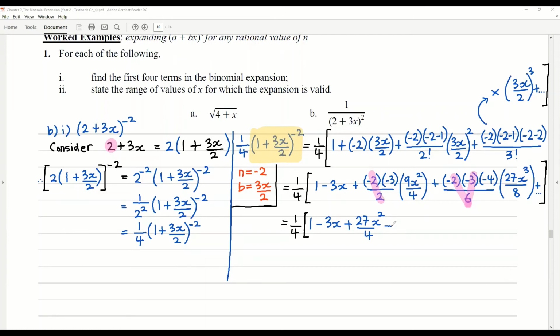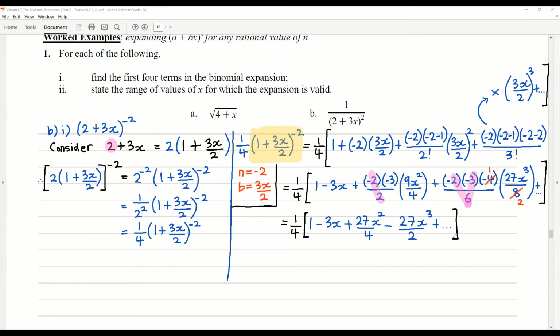Now I can actually see, I'll strike these out, that's going to cancel with that, so we'll have 1 and 2. So this is going to leave me with 27 x cubed over 2, which isn't too bad, is it? And then we're going to add some more terms if required, but we're not required to do that. Just acknowledge that and then close off your bracket.